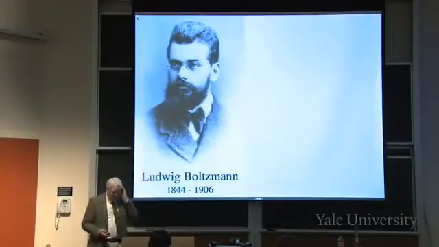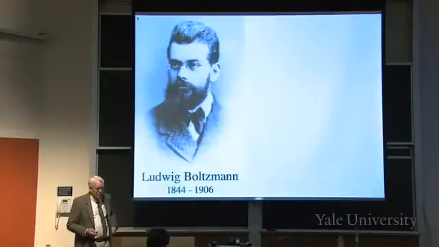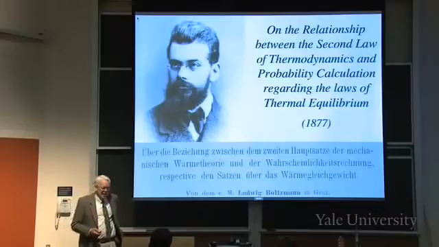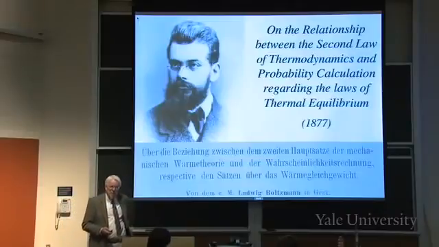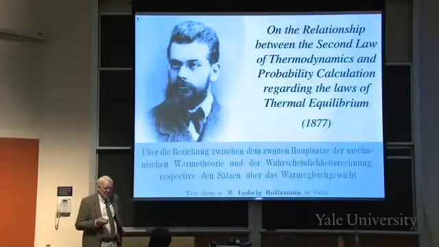So here's Ludwig Boltzmann, who committed suicide in 1906. And this is his important paper on the relationship between the second law of thermodynamics and probability calculations, so statistics, regarding the laws of thermal equilibrium in 1877.